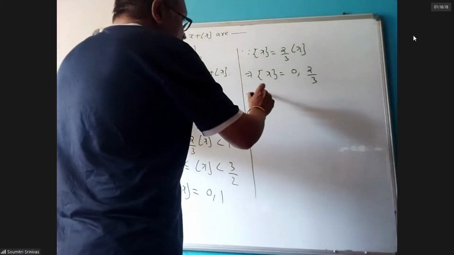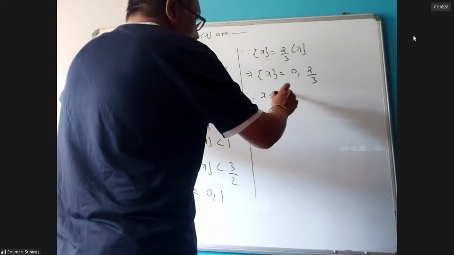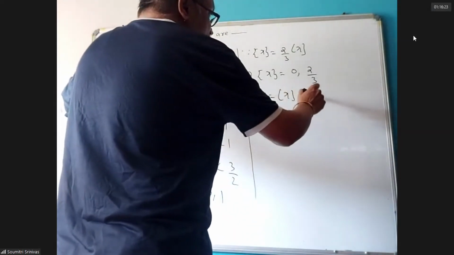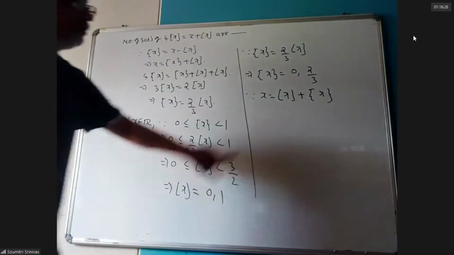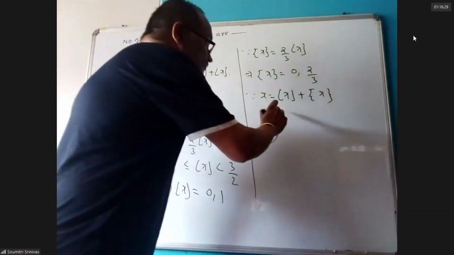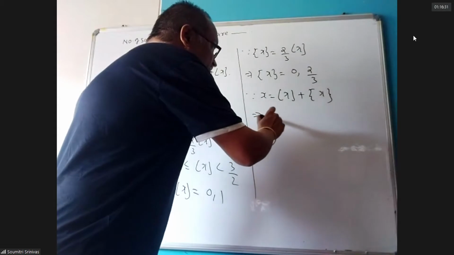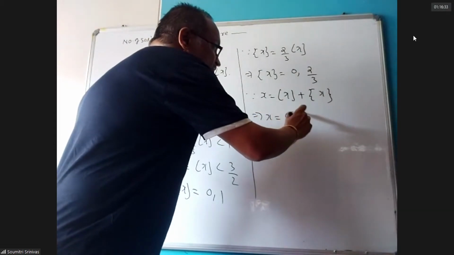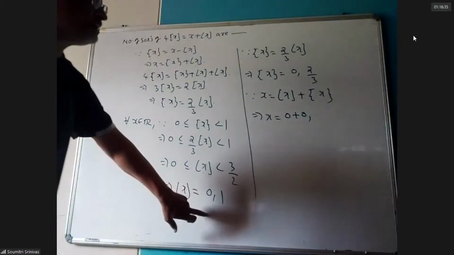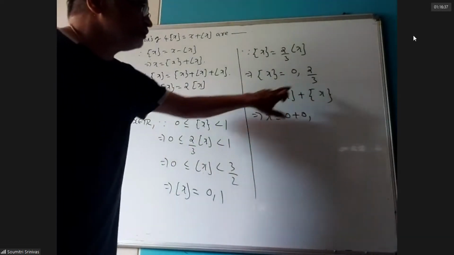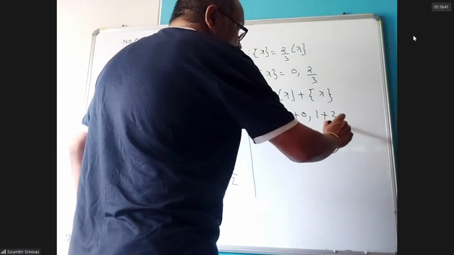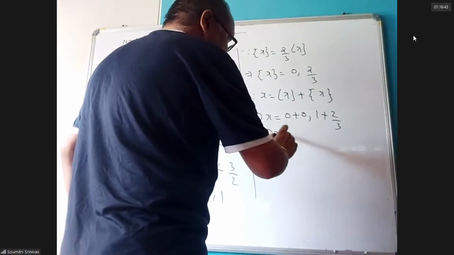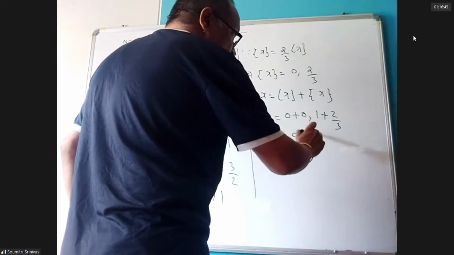Since x is equal to step x plus fractional part of x: when step x is 0, fractional part of x is 0, implies x is equal to 0 plus 0. When step x is 1, fractional part of x is 2 by 3, so x is equal to 1 plus 2 by 3.